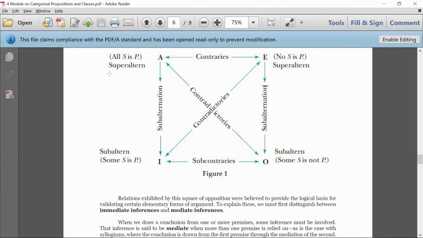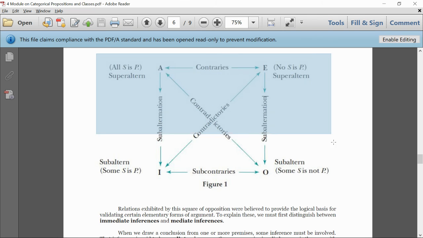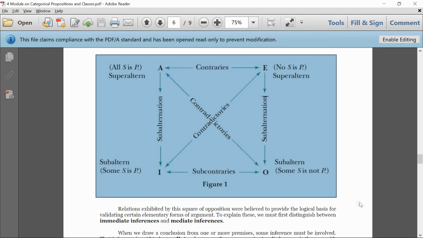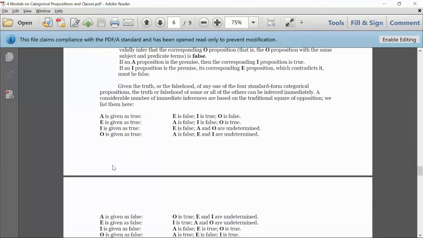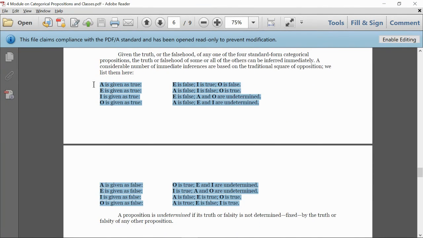Either this one, some of you might see this as the easier one to get familiarized with, this square of opposition, or you go to this part. Whichever is easier for you.